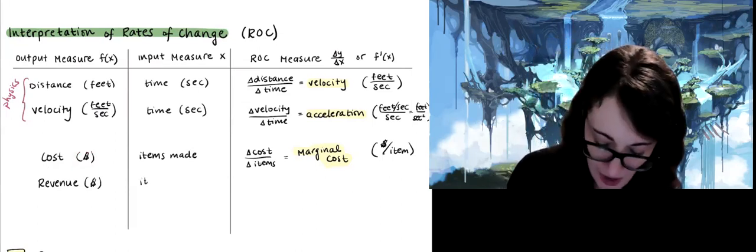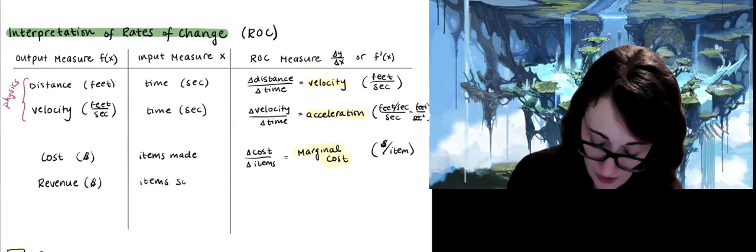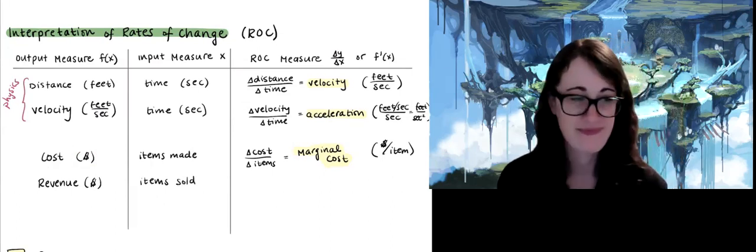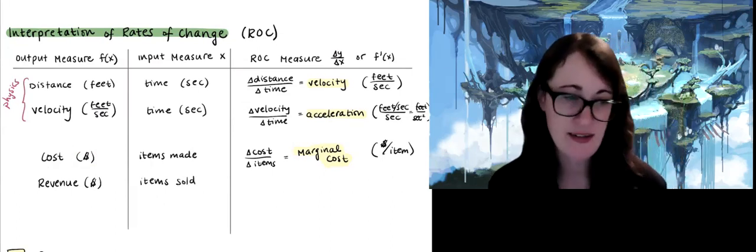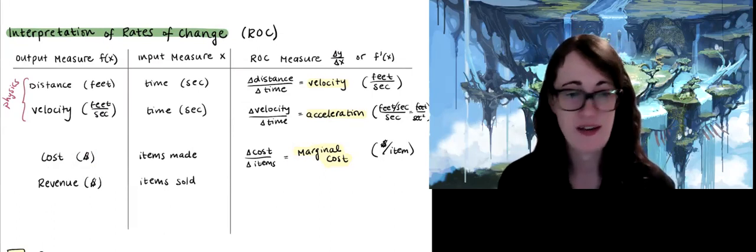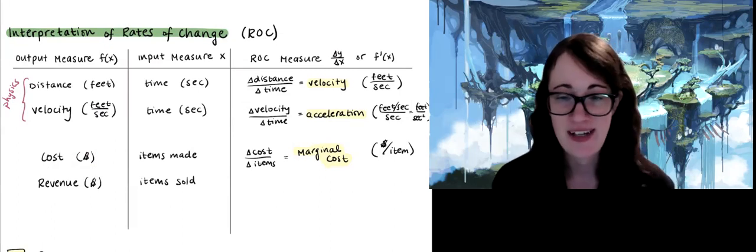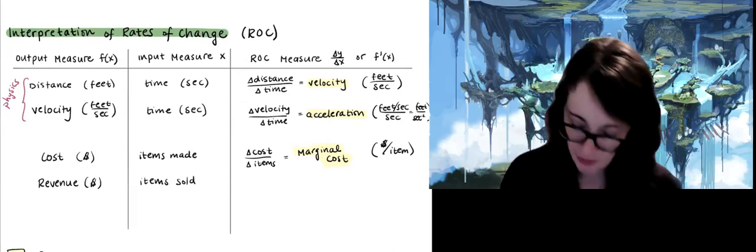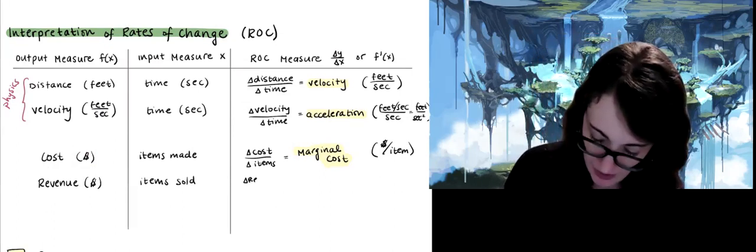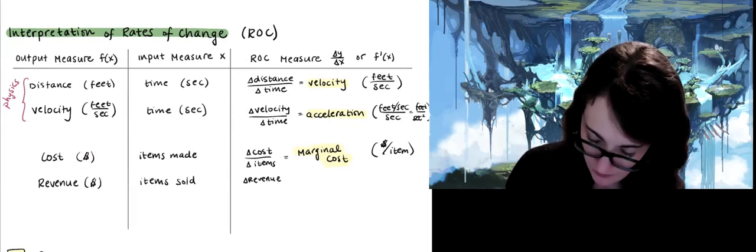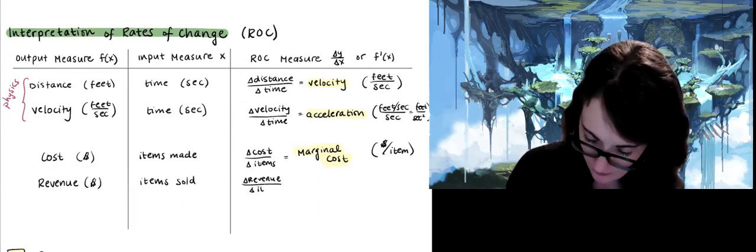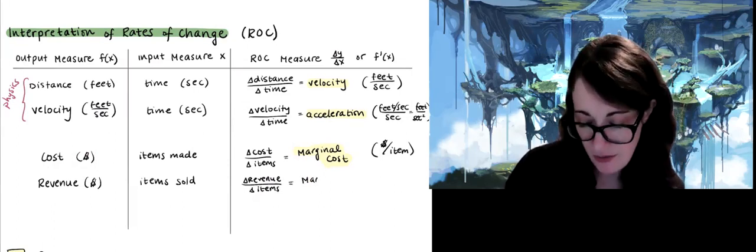So the input for that is going to be the items that you sell. Remember, revenue is price times x, the price of one thing times how many things you sell. So the input is how many things you sell, or items sold. So you can look at the rate of change of revenue. This is called marginal revenue.